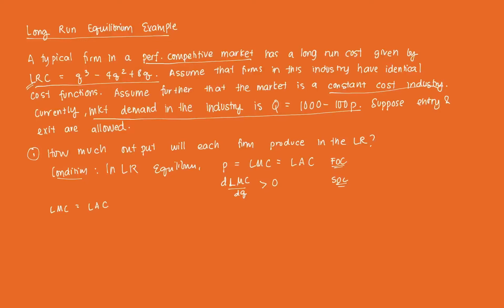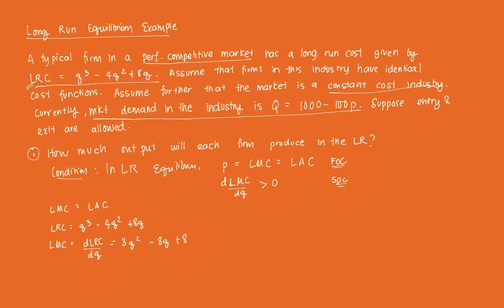So we have our long-run cost. If you recall, your long-run cost is equal to Q cubed minus 4Q squared plus 8Q. And we know that your LMC is just the derivative of your long-run cost with respect to Q. So you have 3Q squared minus 8Q plus 8.